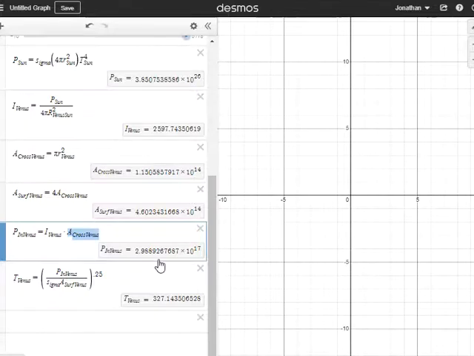And we calculated that the input power into Venus was about 2.99 times 10 to the 17th watts. This is how many watts are coming in from the sun.